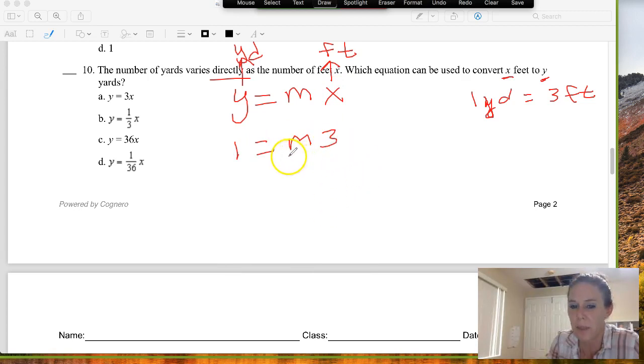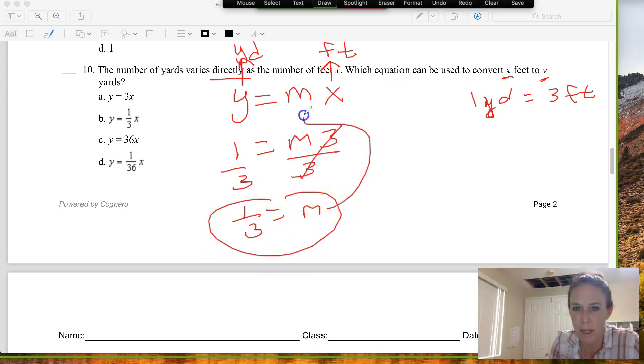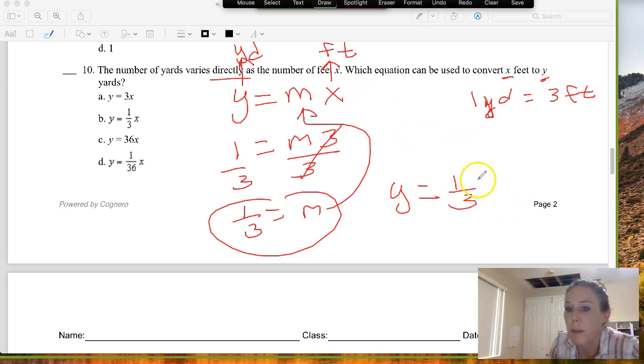To figure out what that something is, I solve for that m. Divide both sides by 3. Now we get 1/3 is m. Now I know what m is. I can plug it in here and it will work for any number of feet to any number of yards. So my yards is going to equal 1/3 times my number of feet.